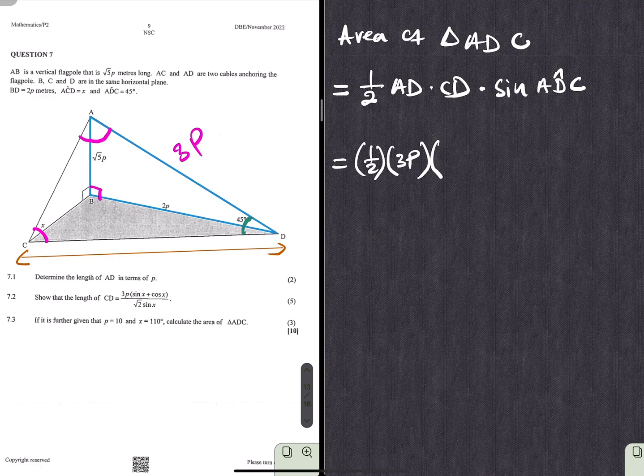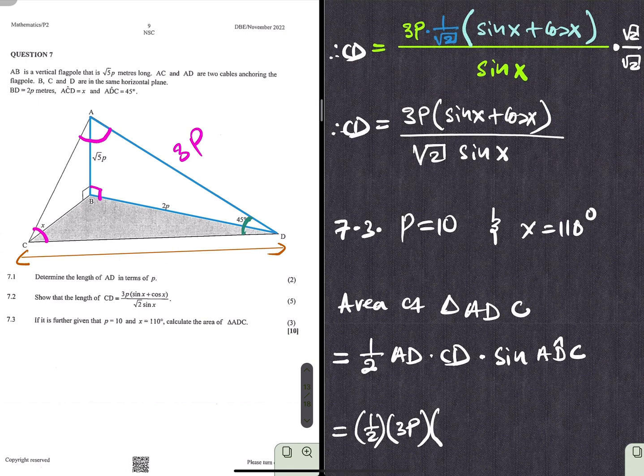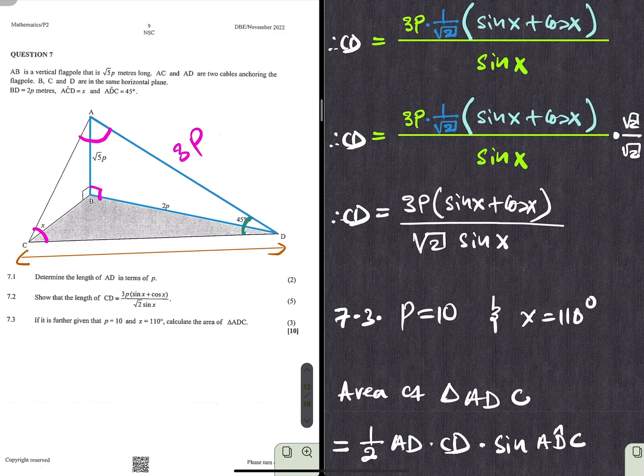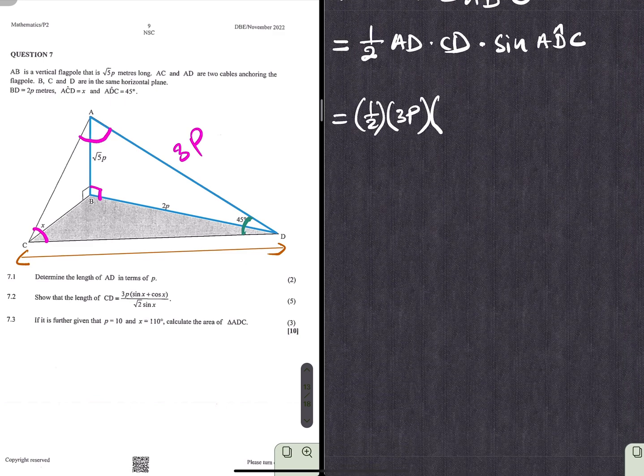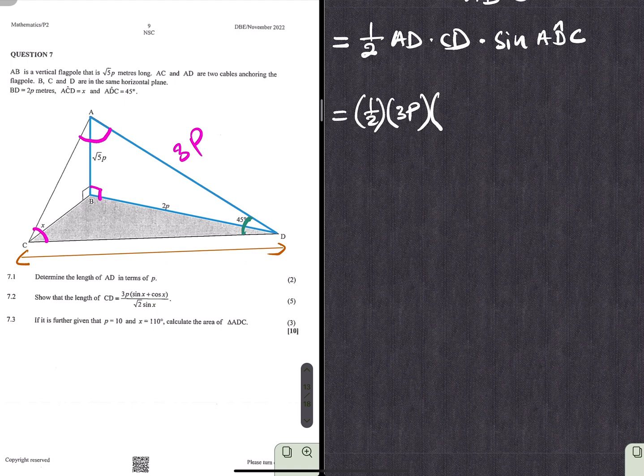What is CD? CD, we just found it here. I may need to copy it. Let me open this one because I see some brackets there.